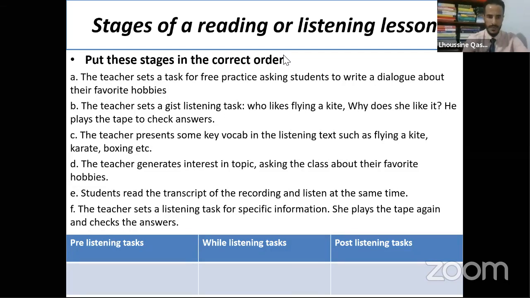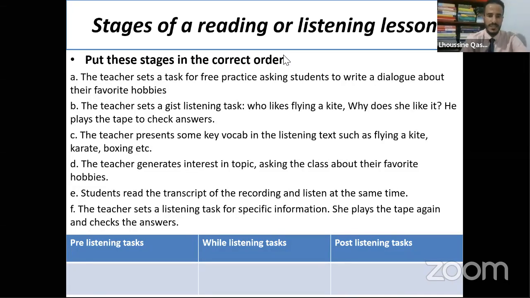I'm talking about A, B, C, D, E, F. What is the first stage in listening? C. So Sibyl, C. Wahida, C. Tariq, C. Okay, Sophia, Musa, C.